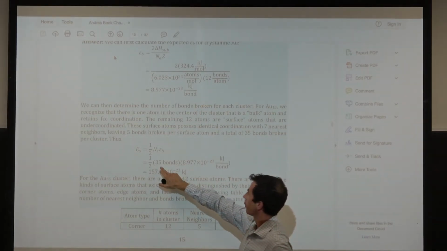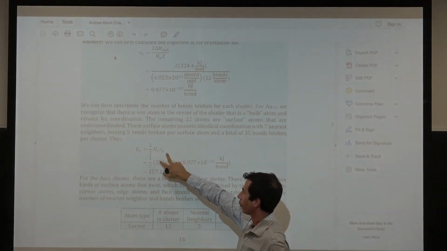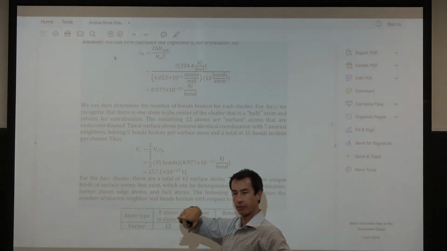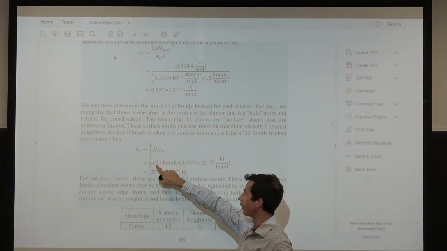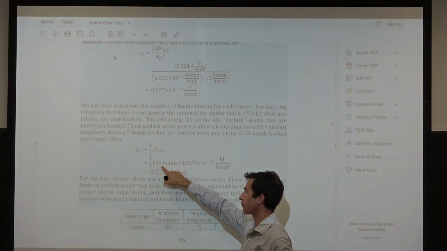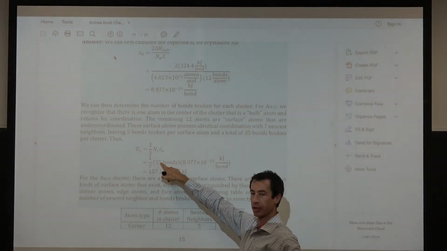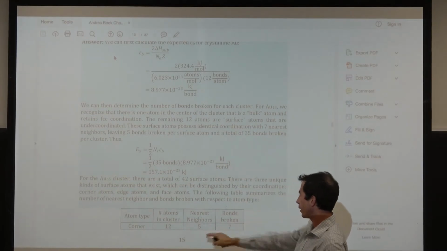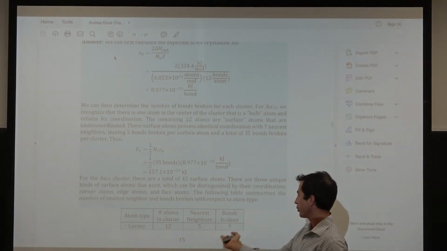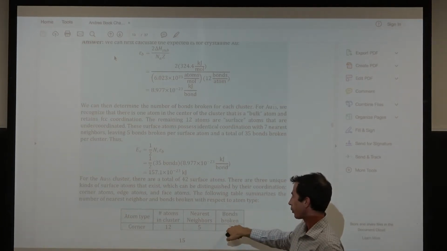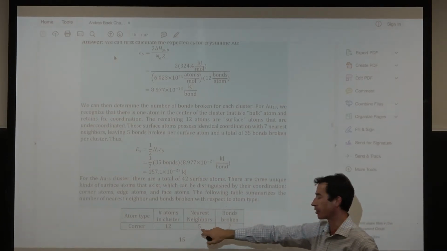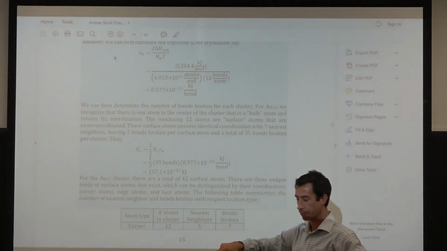But then it's talking here about a gold 13 cluster, okay? And so this should be 5 times 12 equals 60 bonds, whereas for whatever reason it's 5 times 7 here, okay? And then down here on this table, this should be switched. There should be 5 bonds broken and 7 nearest neighbors, okay?